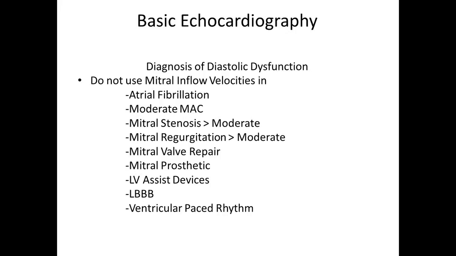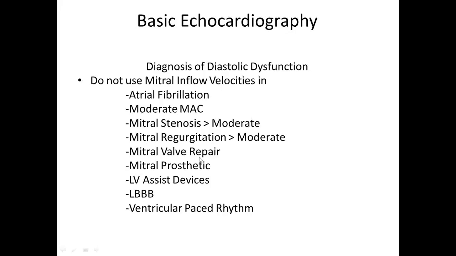So you can't say, well, let me use the E and then the E to E prime ratio. You can't do that. So the mitral inflow velocity sort of loses its value in patients with atrial fibrillation, moderate mitral annular calcification, mitral stenosis which is greater than moderate, mitral regurgitation which is greater than moderate too.